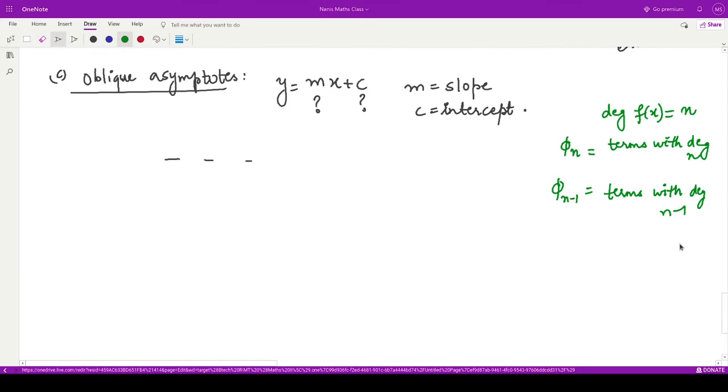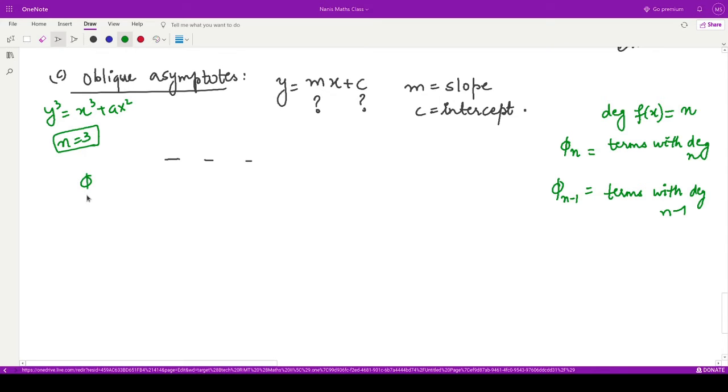Let us see what would be in our case. In our case n is 3, because our curve is y cube is equal to x cube plus ax square. So the maximum degree here is 3.